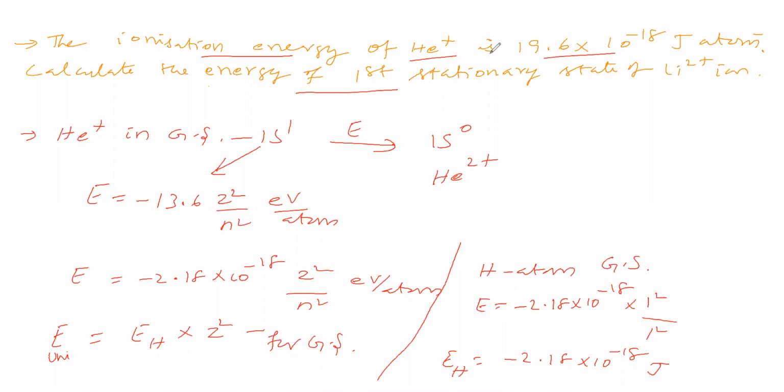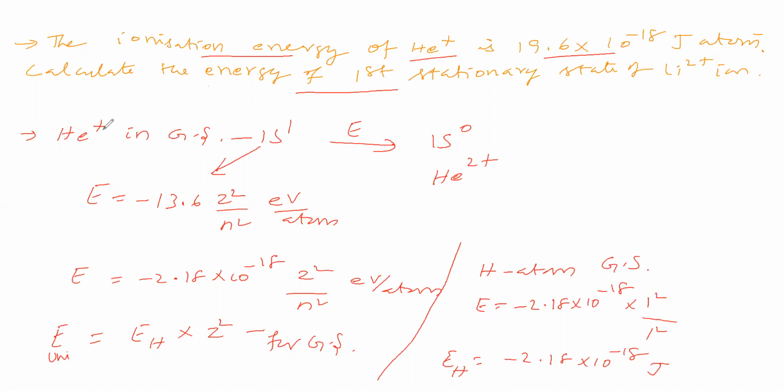So we have to supply this much energy to bring the electron to infinity. Therefore the energy of this electron is minus of this.